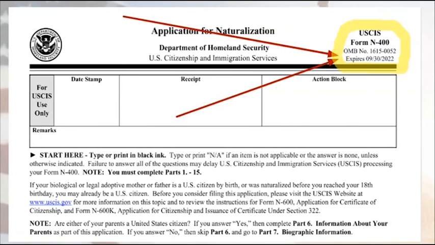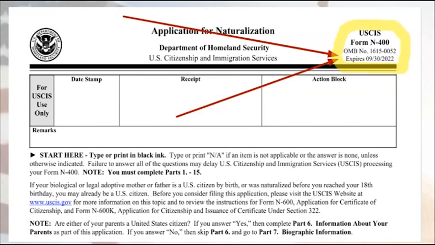All right, so we just reviewed the application to become a United States citizen, but I do want to bring this to your attention. This is the first page of the application. Make sure that you are using the correct version of the application. As you can see on the top right-hand side of this application, this particular application expires 09/30/2022.